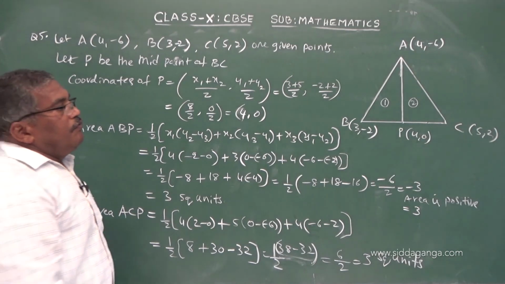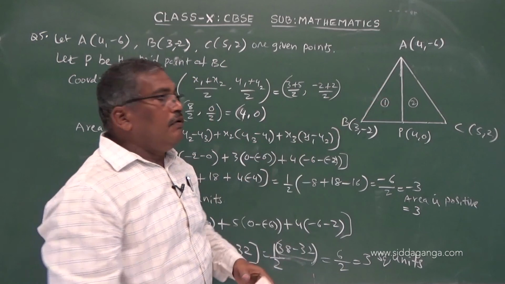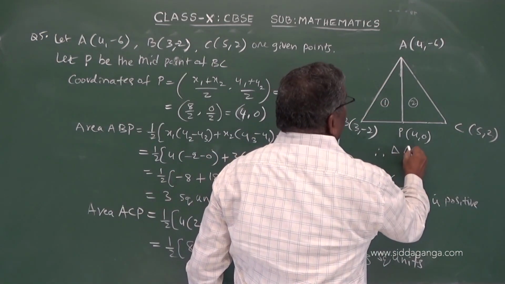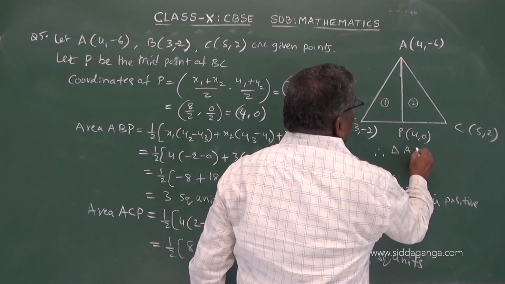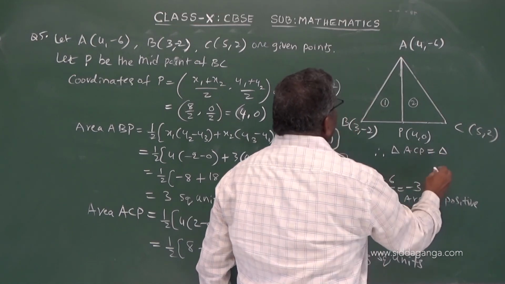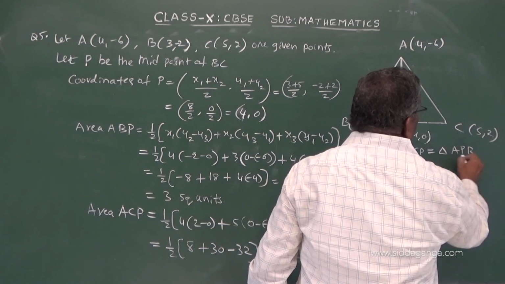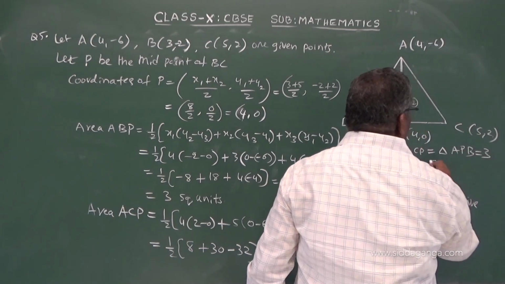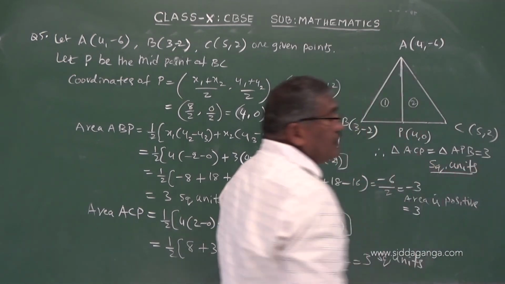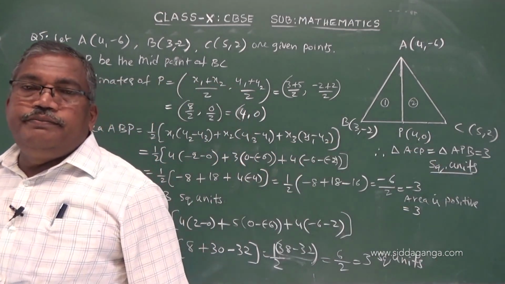So we have proved that this triangle and this triangle are equal. Therefore, triangle ACP equals triangle APB equals 3 square units. That means the median divides the triangle into two equal parts.